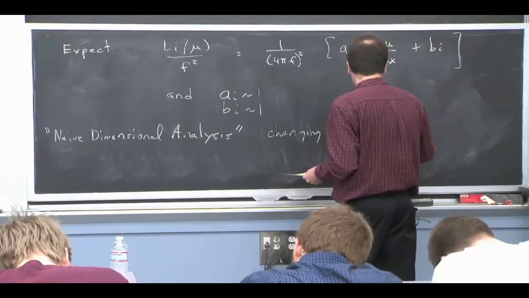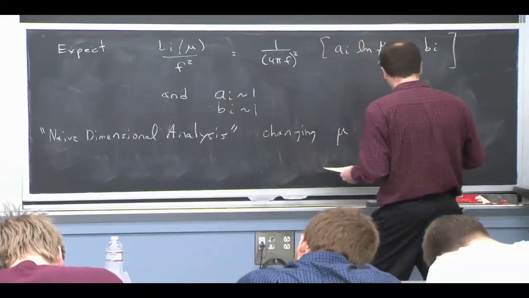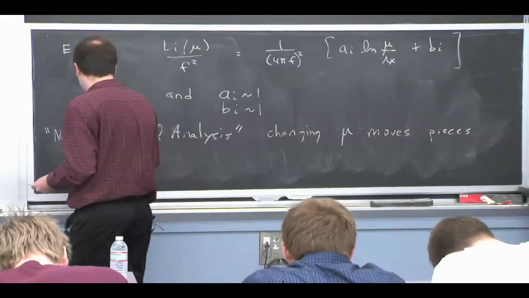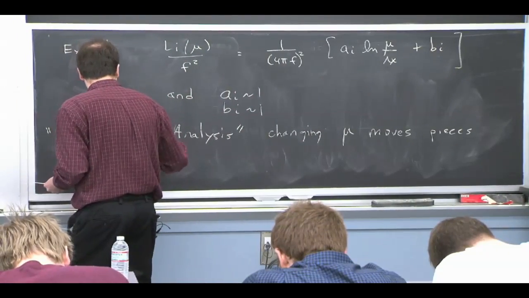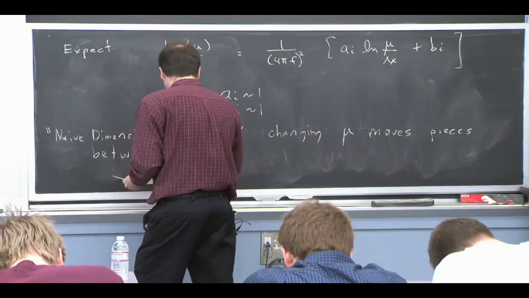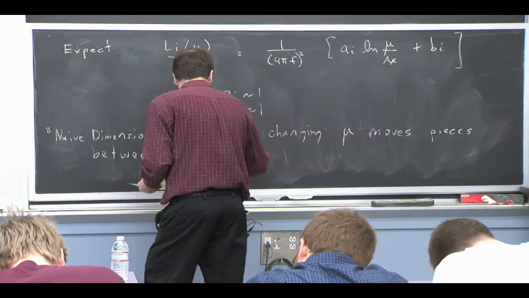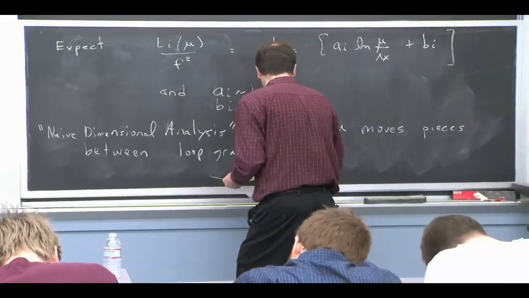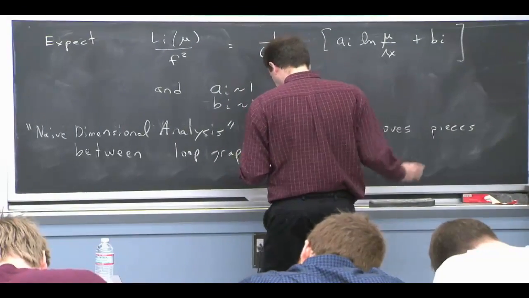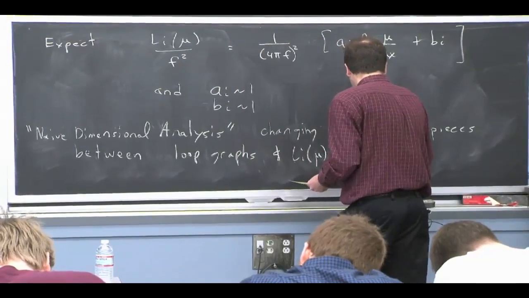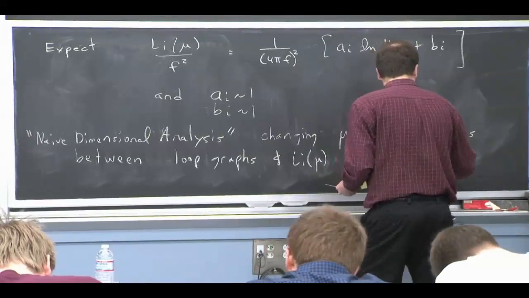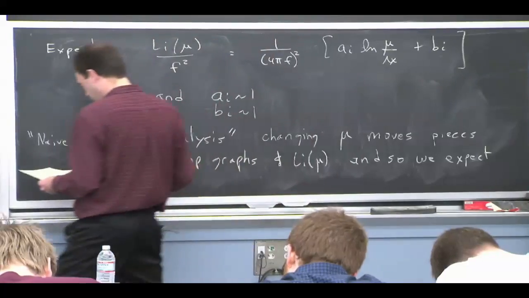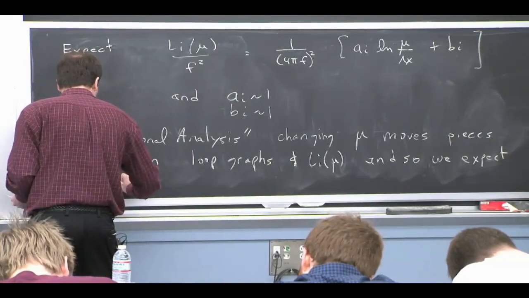So changing mu moves pieces back and forth. The sum is mu independent, but each individual thing is not. And because we're able to move things back and forth, we expect them to be the same order in magnitude.